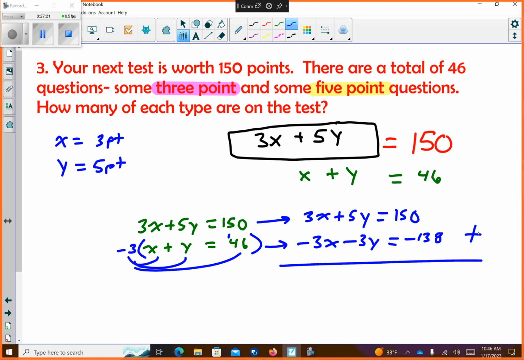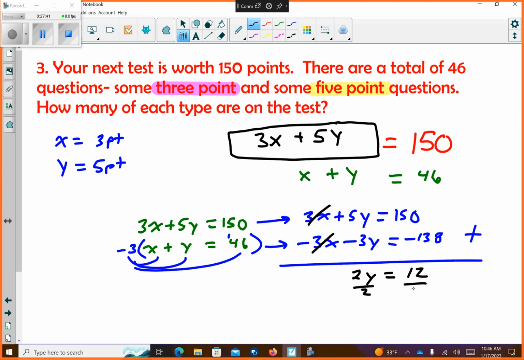So if I add these together as is, the x's are gone. 5y minus 3y is 2y. 150 minus 138 is 12.